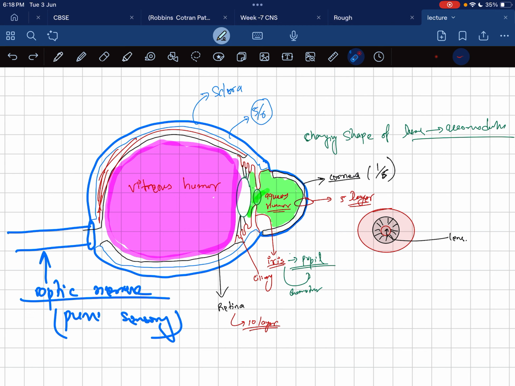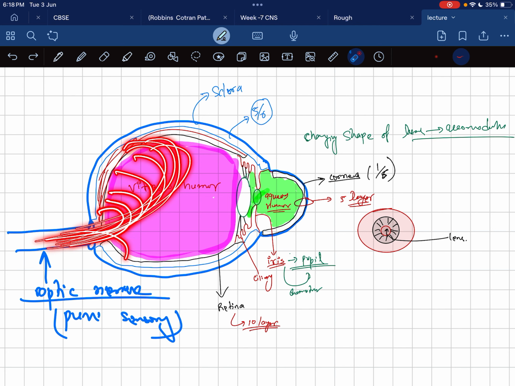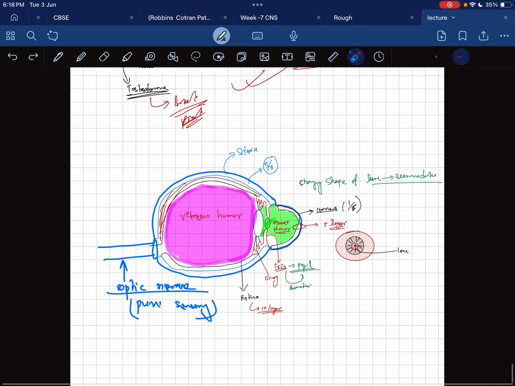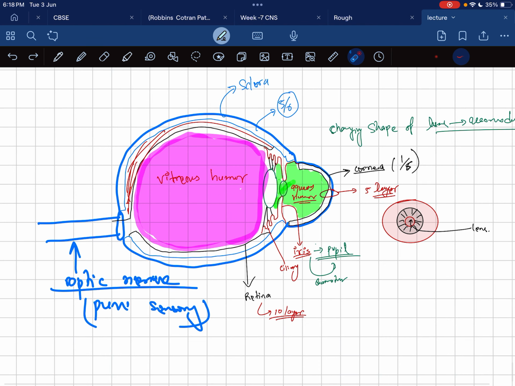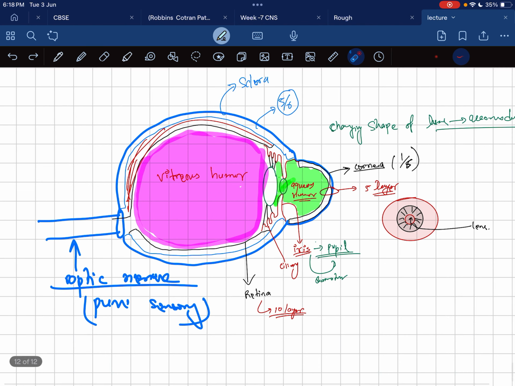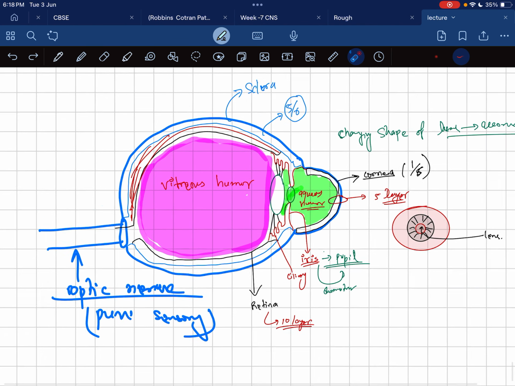There is stimulation of the nerve fibers, and these optic nerve fibers go inside our brain to the occipital lobe. The occipital lobe analyzes the image and interprets it. This is the structure of the eye.